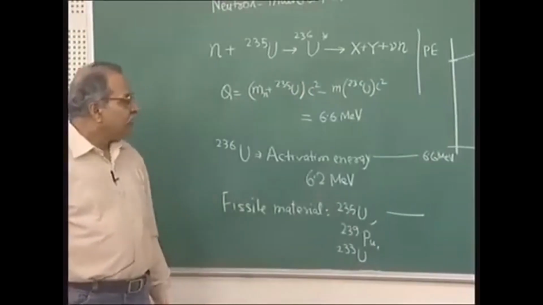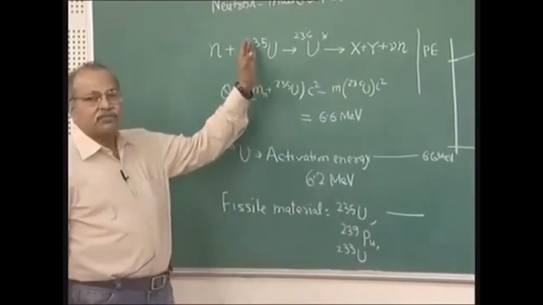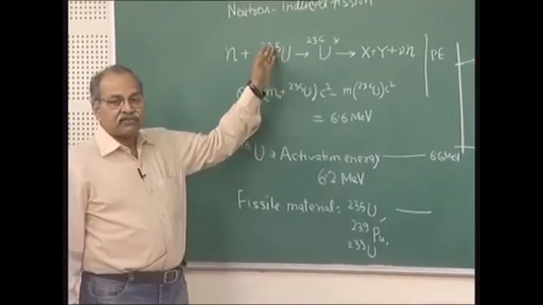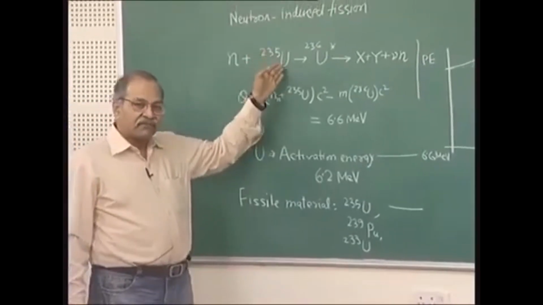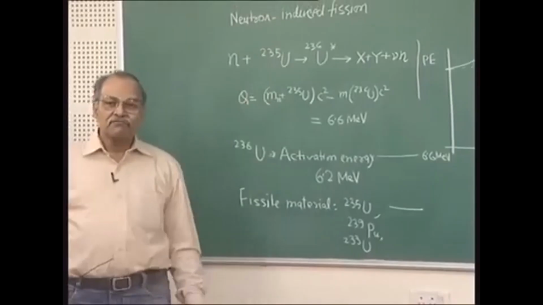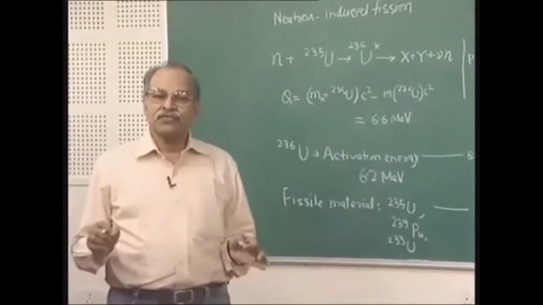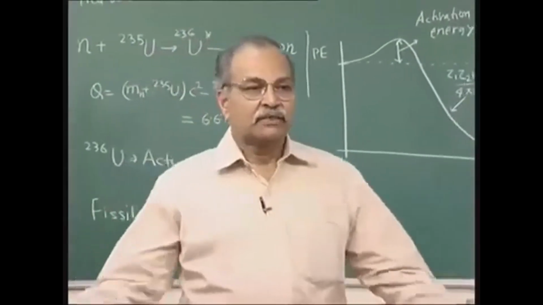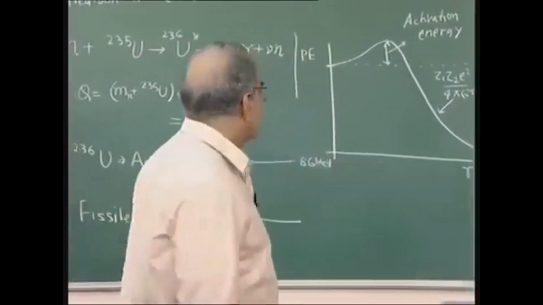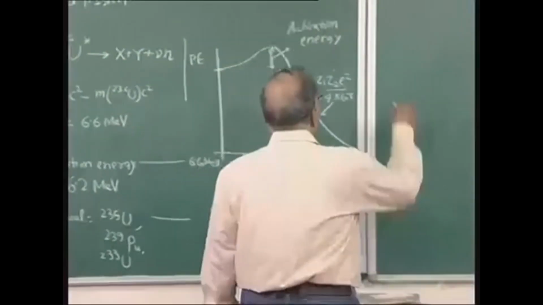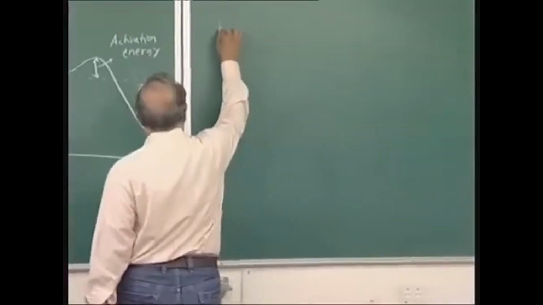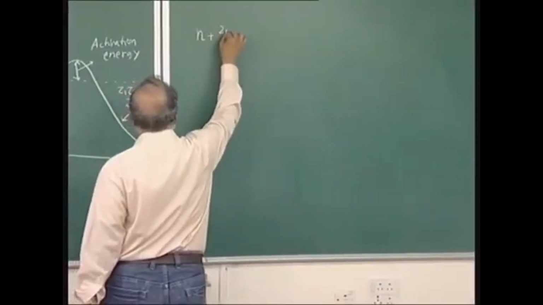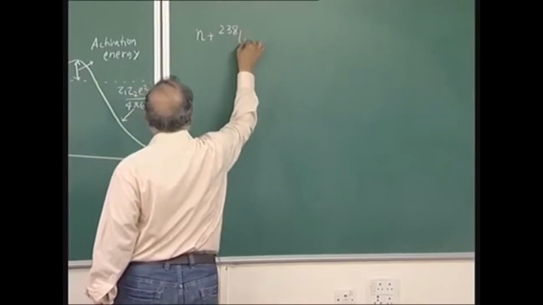Now, if I look at the similar reaction with uranium-238, why am I considering uranium-235 and uranium-238? Because these are the main constituents of natural uranium that we get from mines. So, uranium-238, if I look at the same reaction, it is n plus uranium-238.